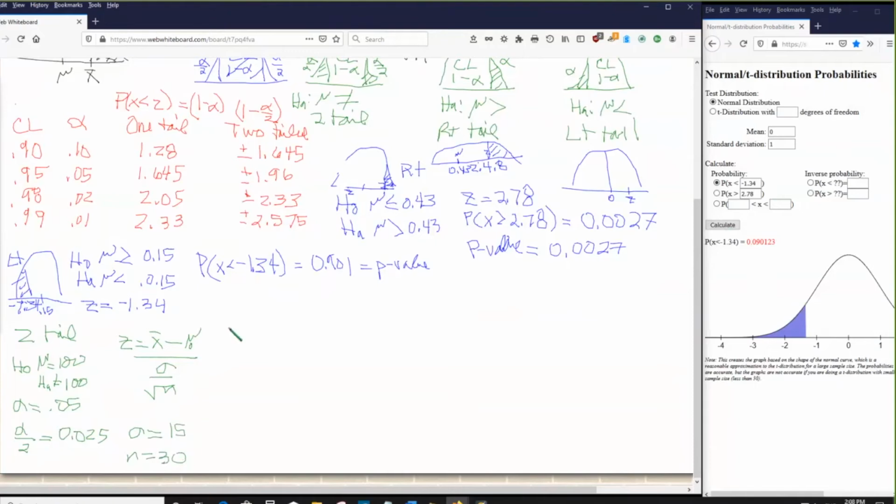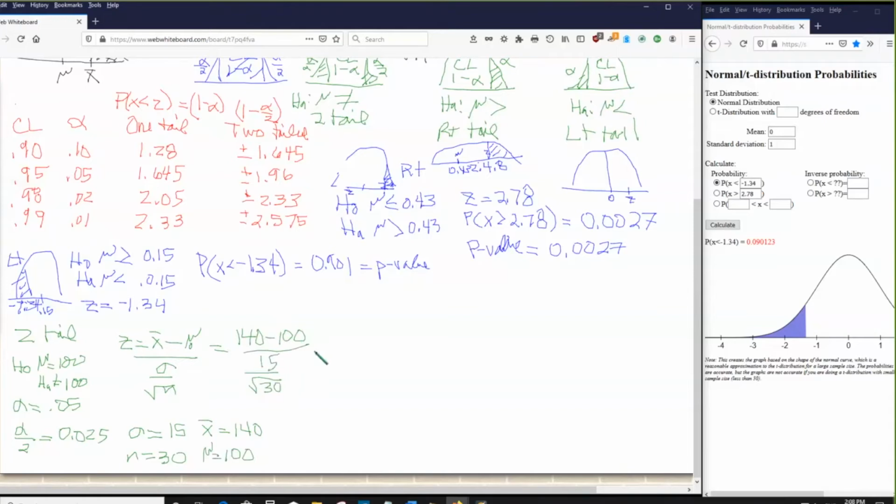Then we're going to plug these numbers in. And let's say they gave us a sample mean of 140. So then that's going to be 140 minus the population mean of 100, divided by 15 over the square root of 30.